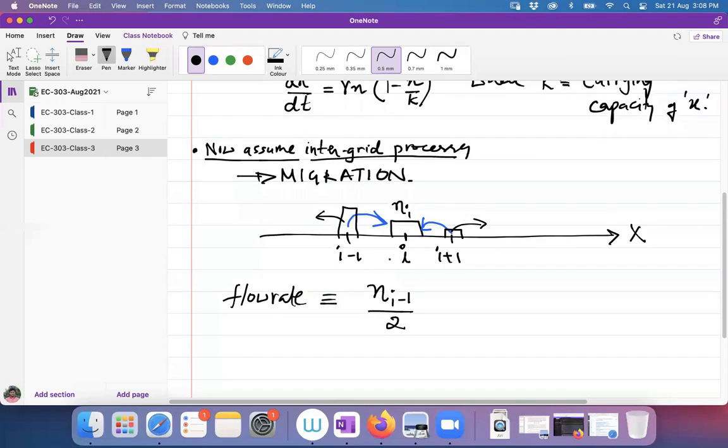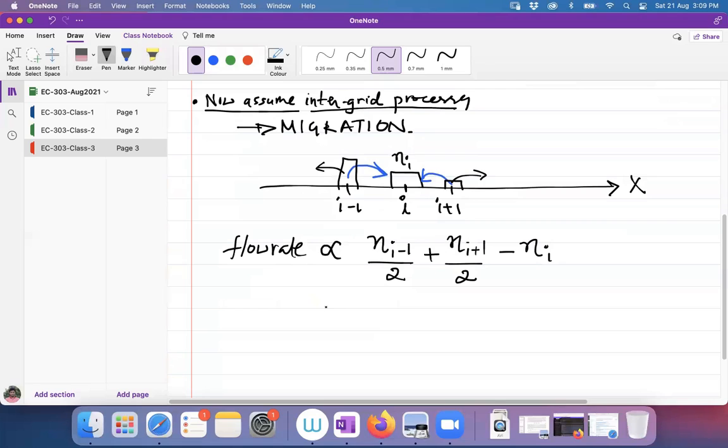That's the positive flow, because half of them would have gone the other way around. And likewise from here, N_{i+1} by 2. And of course, everybody from here, they're all migrating. So the flow rate will be, I wouldn't say equal to, it will be proportional to this quantity.